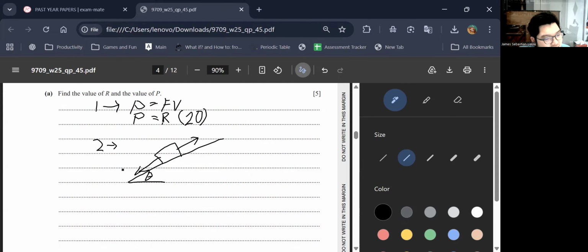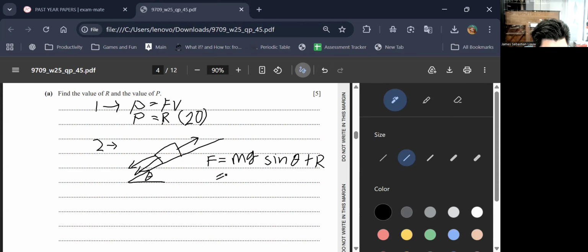They are the component of weight parallel to the slope and the resistance force. So F is equal to mg sin theta plus R.